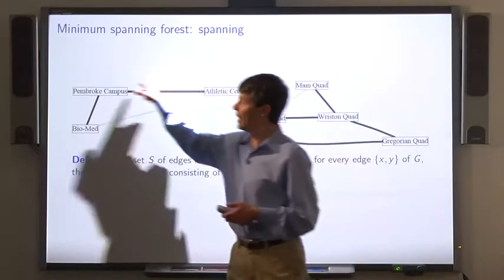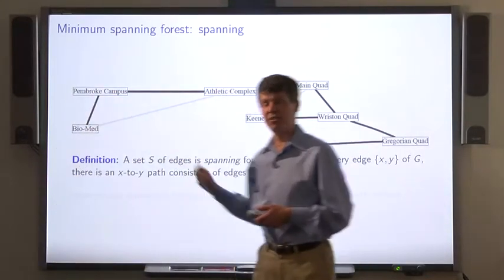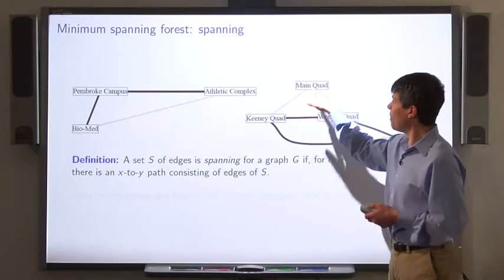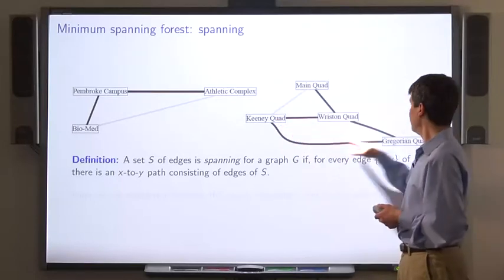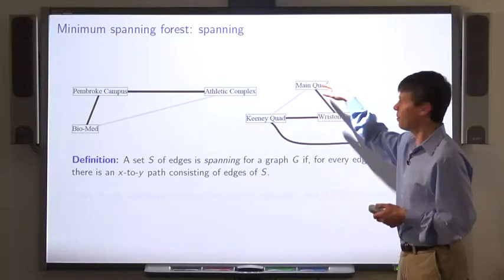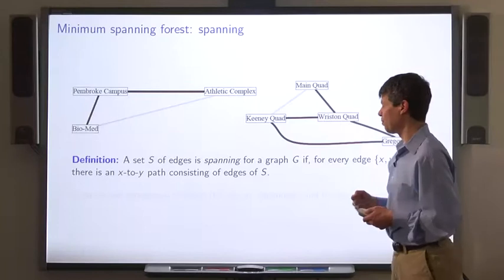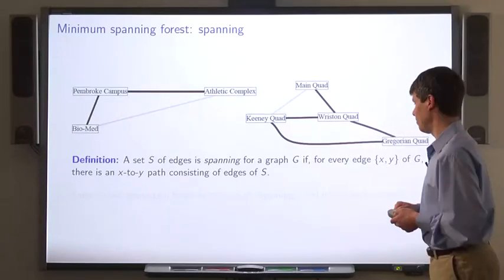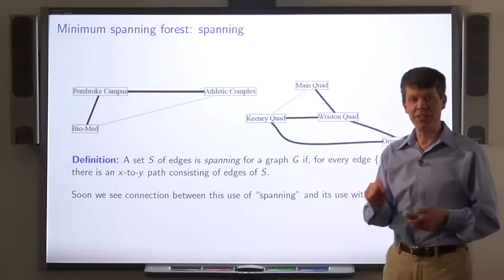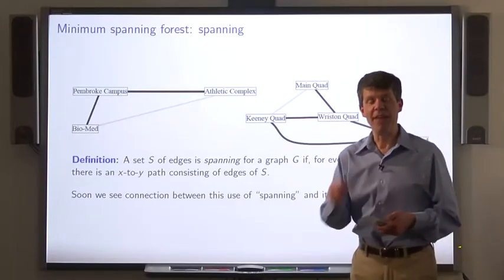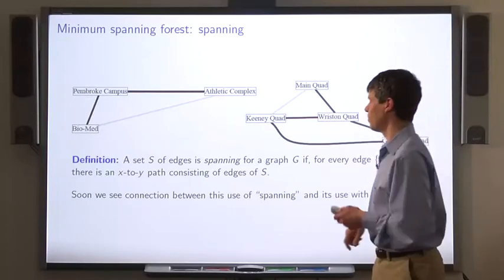Its endpoints are connected by a path using edges of the set. The edge from main to kini, its endpoints are connected by a couple of paths among the edges in the set. So this is a spanning set. Now, later on we'll understand the connection between this use of spanning and the use in connection with vectors.